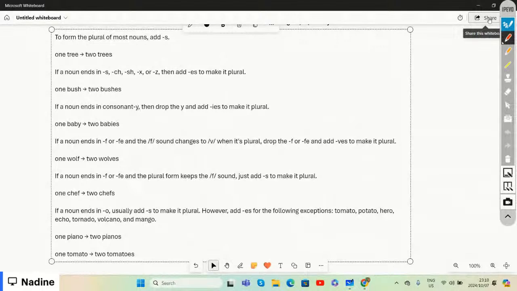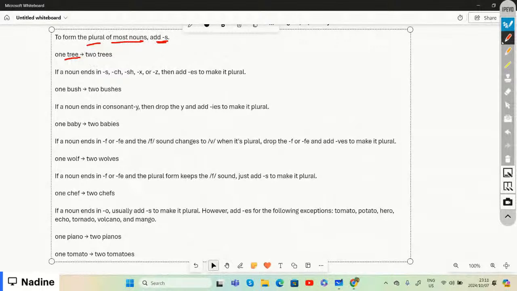And an example of that is, it says to form the plurals of most of the nouns, we basically just add an S. An example of that is one tree.